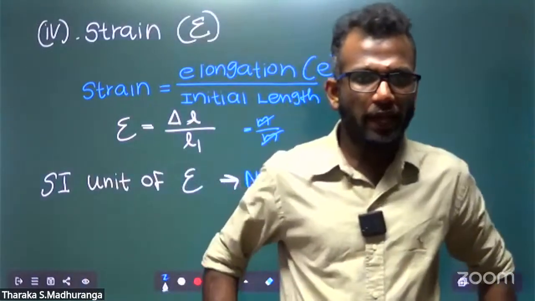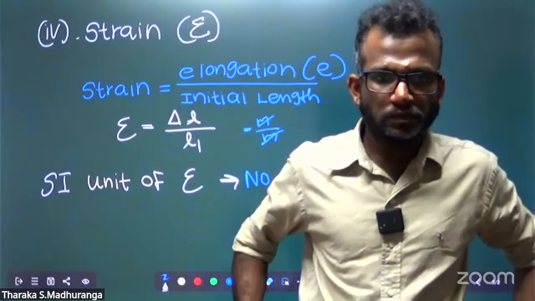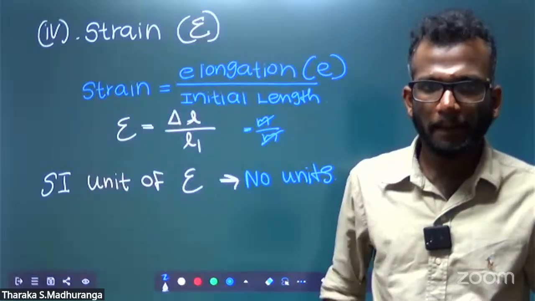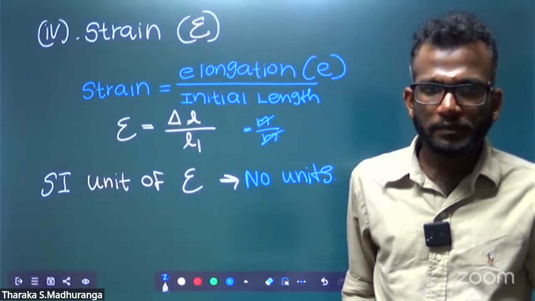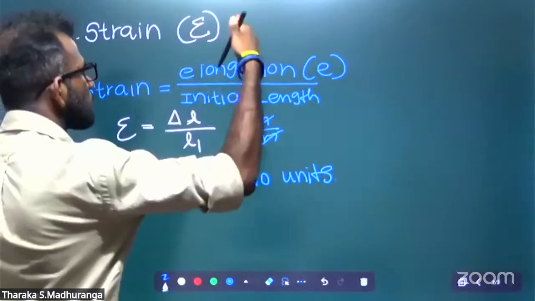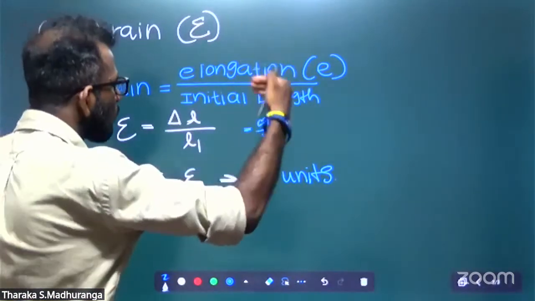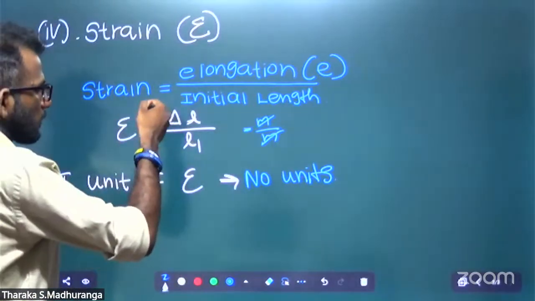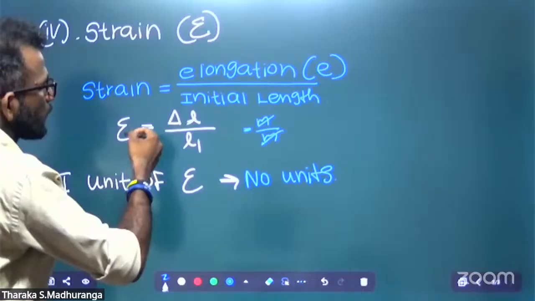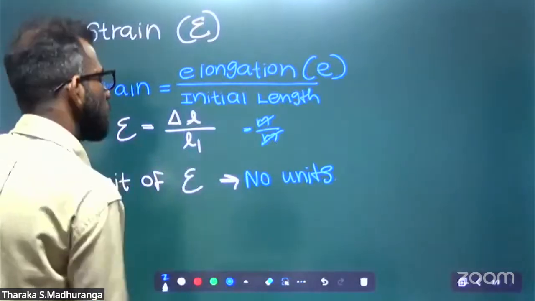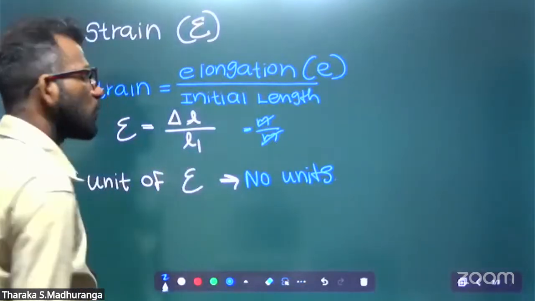Now write down: strain equals elongation over initial length, delta L over L1. SI unit of strain: it has no unit, note this down.